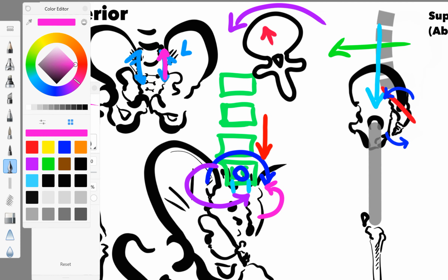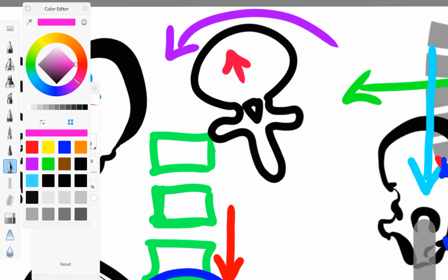Now, just to clarify, understand that this vertebral rotation is not necessarily instantaneous. This can be a bit of a misconception, because this can be generated really slowly over time.